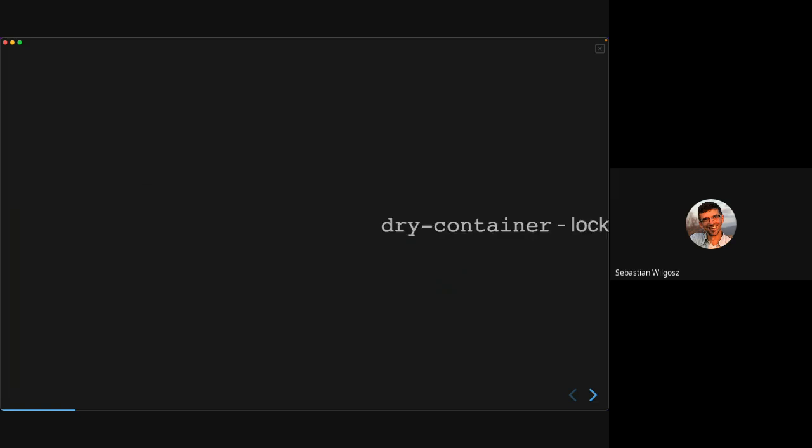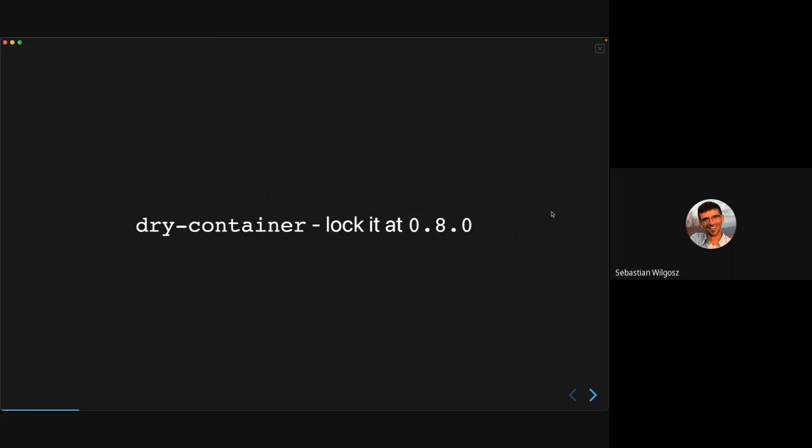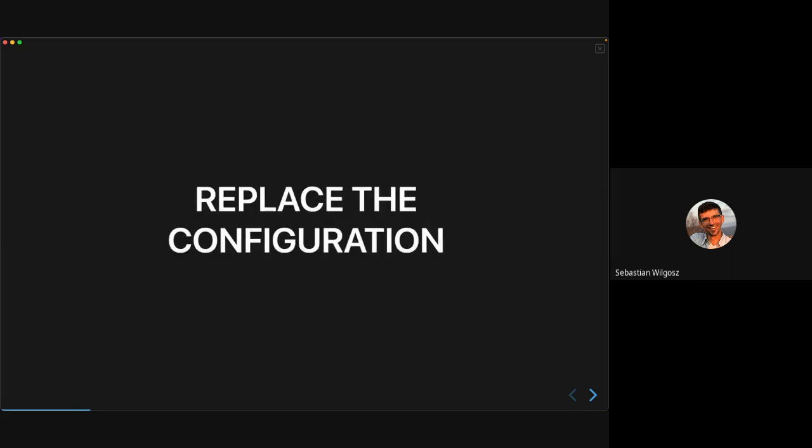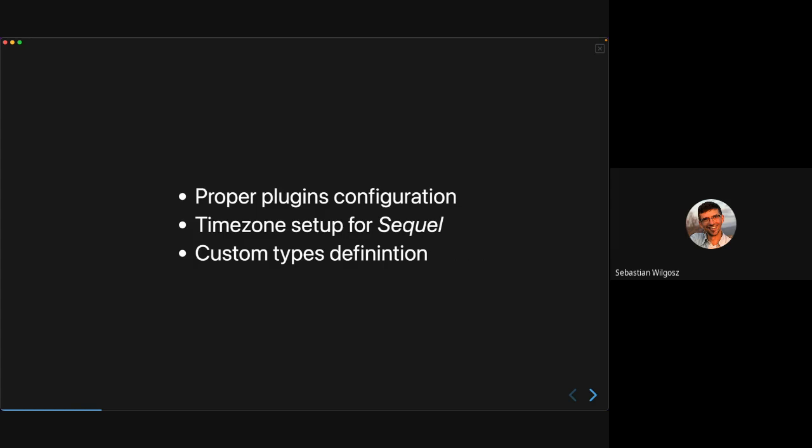So the only thing that cried to me was the dry-container update. I needed to lock it at 0.8 to end debugging. That was pretty hard. But after this, I could just jump into the replacement of the configuration, which was not too much.